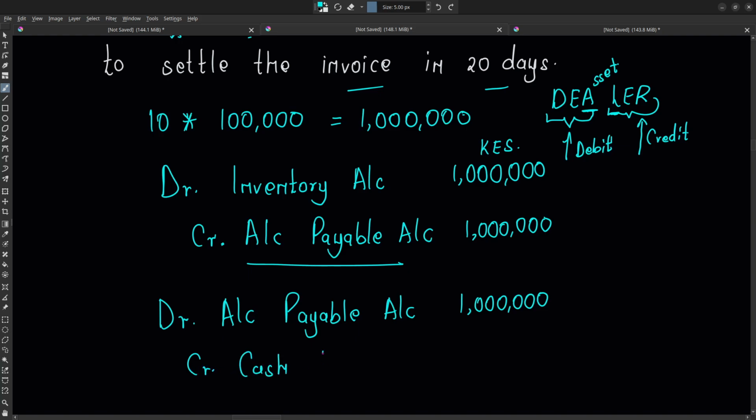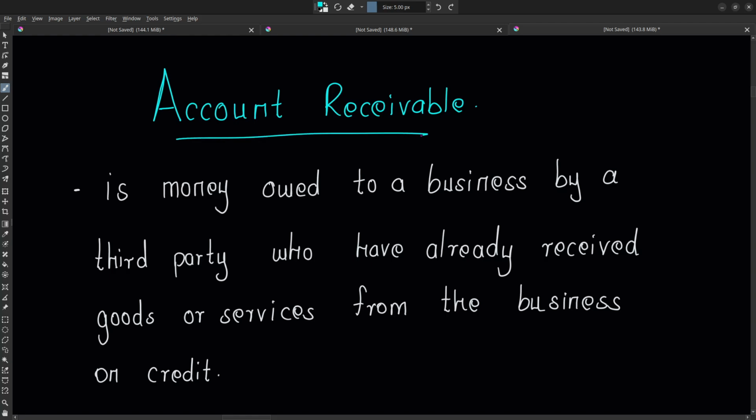Cash account. We are going to credit cash account because we are paying out. Remember, a cash account is an asset account as well, so to reduce it, you credit. So this is how we go about recording when we have an account payable and what happens when that payment is settled. Okay, now let us look at an account receivable.